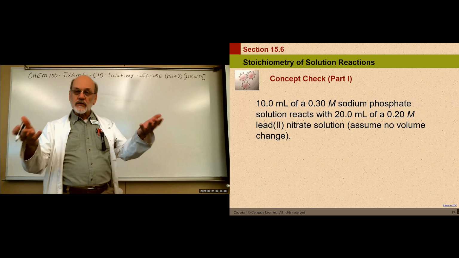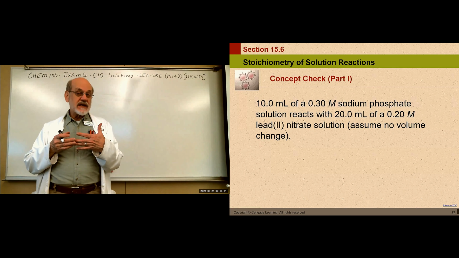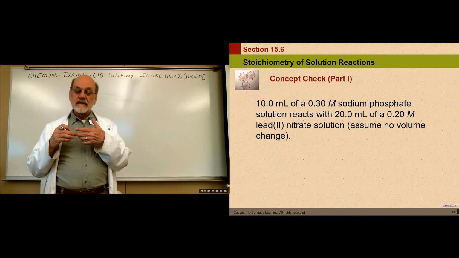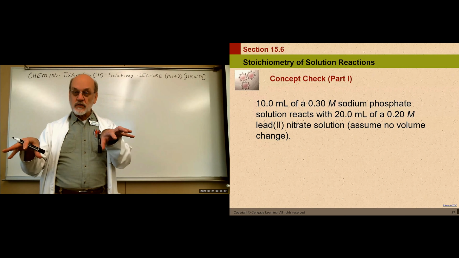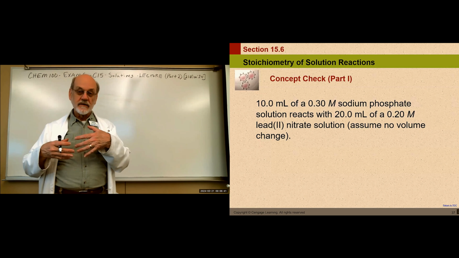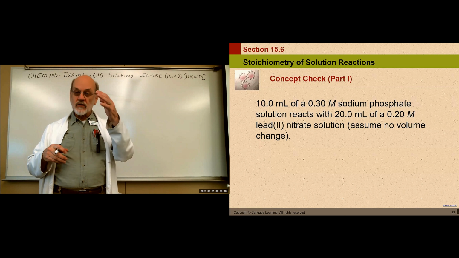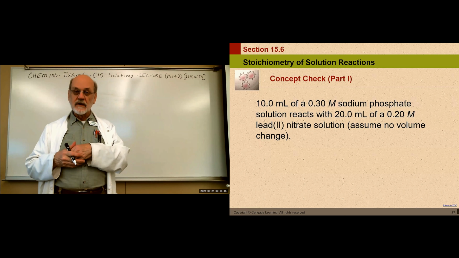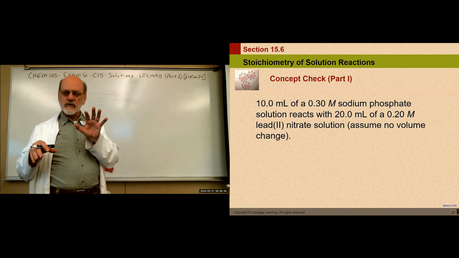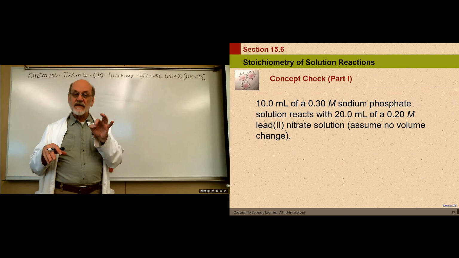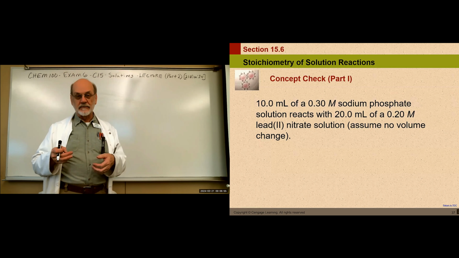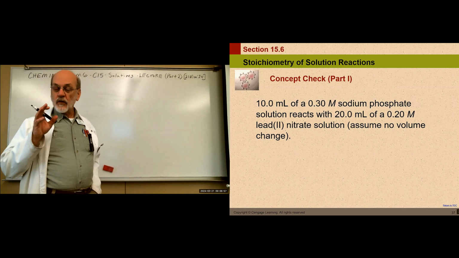When you add two solutions together, there's no guarantee that the total volume will be the sum of the two individual volumes that you add together. Sometimes the volume increases, sometimes the volume decreases. But for the purposes here of simplicity, we're going to stipulate that the volume does not change when we add them together. Okay, the reaction then.